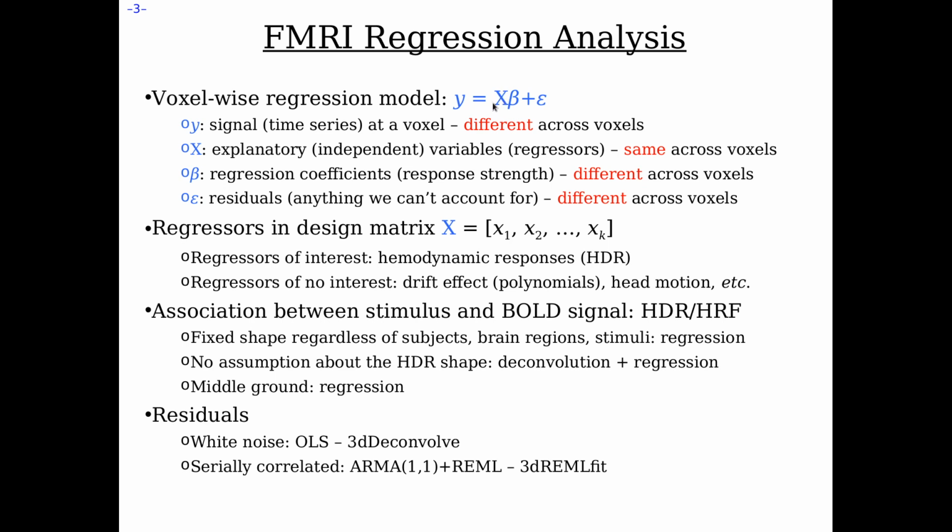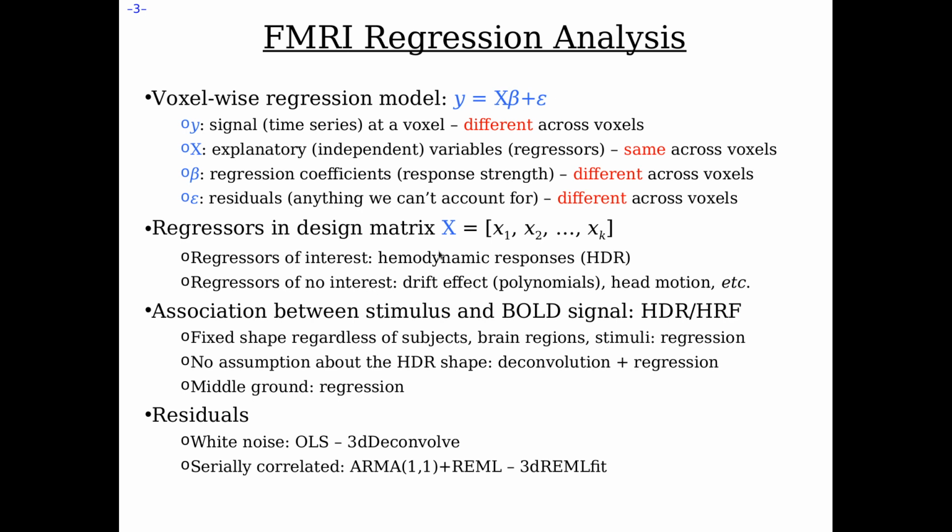And in order to fit that model to the data y, we have beta weights for each regressor, which say how much of each regressor was used to make that fit for that current voxel. And then we fail to match our current voxel's time series by some epsilon time series. So x beta gives us our fit, and the difference between y and x beta is the residual.